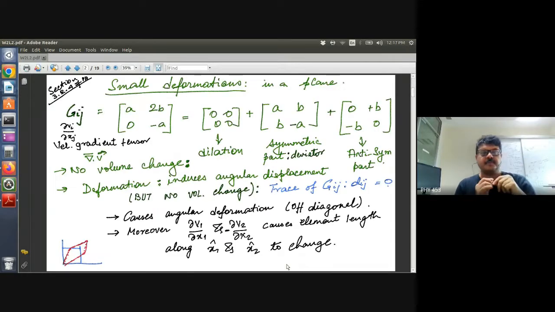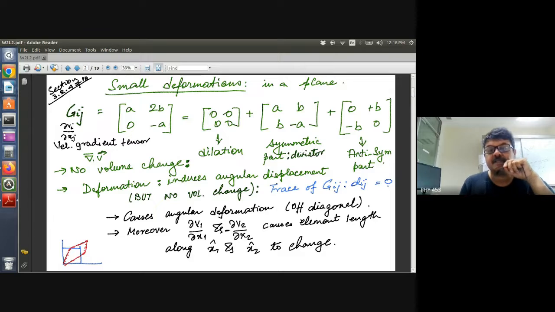In the last class we were discussing in general the expression for the velocity gradient tensor Gij, and we saw that any Gij can be decomposed into a symmetric part and an antisymmetric part.